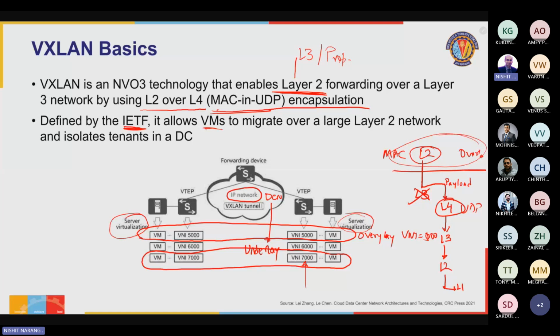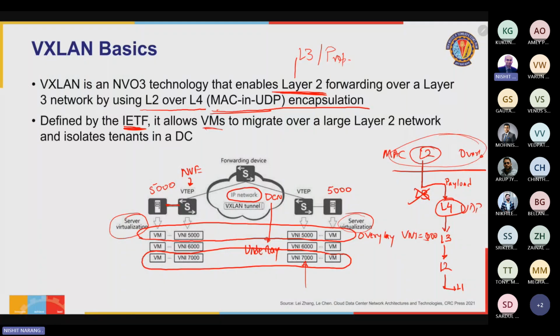So how do I send the traffic if this VM belonging to virtual network 5000 wants to send traffic to another VM, also part of the same virtual network? It will generate an L2 frame and give it to the NVE, Network Virtualization Edge. The Network Virtualization Edge in the VXLAN protocol is called VTEP, VXLAN Tunneling Endpoint.